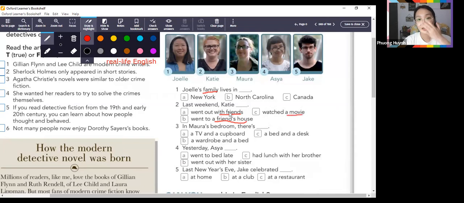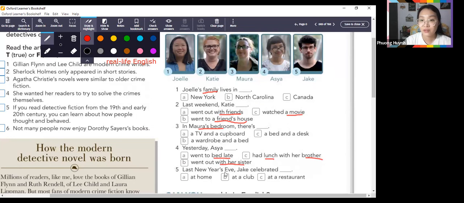Number 3, talking about Mara. So we're talking about Mara bedroom. So TV, couple, wardrobe, bed and desk. Next one, Asia. So go to bed late, went out with sister, lunch with brother.